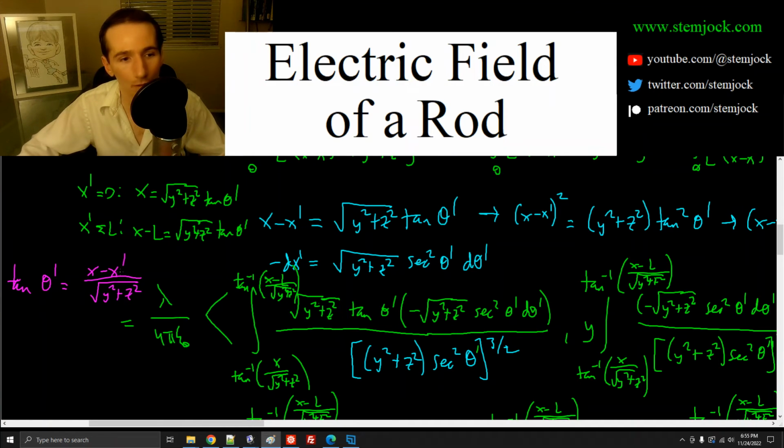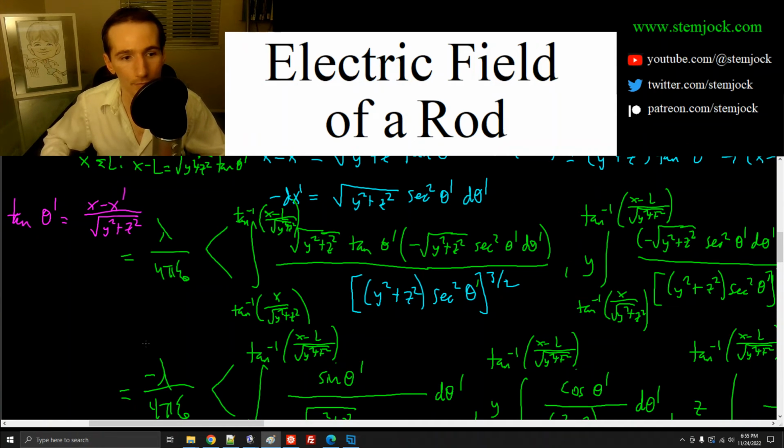I have to draw the implied right triangle. So this is a right triangle, and I'm going to call this angle theta prime.